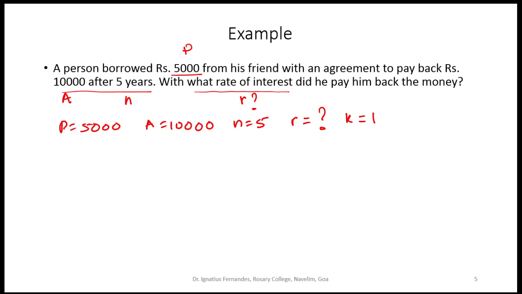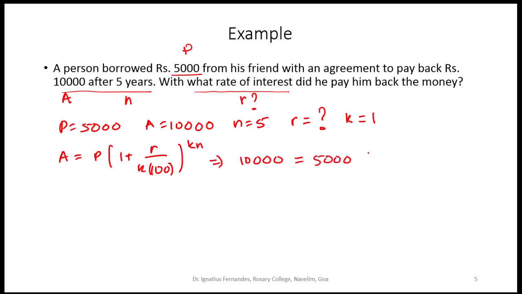So we are just substituting into the formula. A is equal to P into (1 plus R upon K into 100) raised to K into n. So A is 10,000 equal to P, which is 5,000, into (1 plus R upon K into 100), where R is what we are finding and K is 1, raised to 1 into n, with n equal to 5 years.